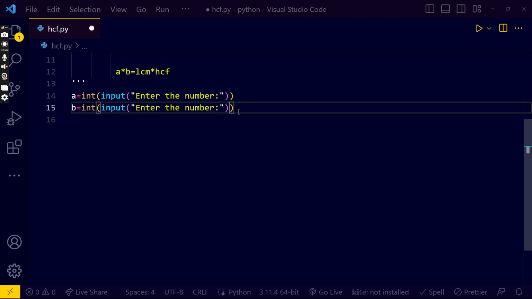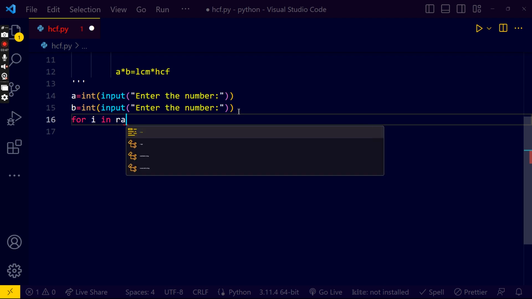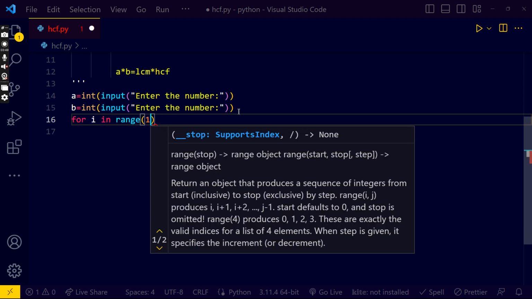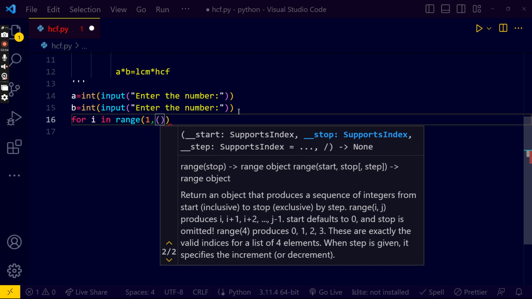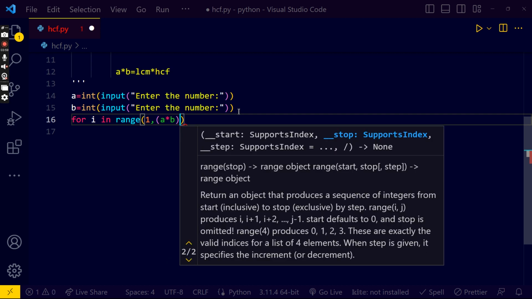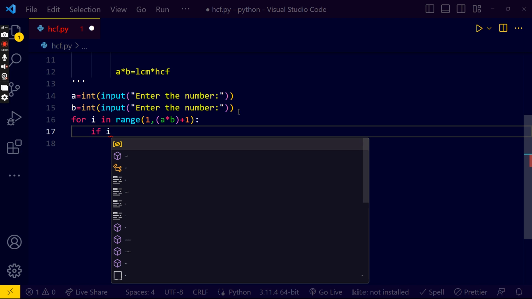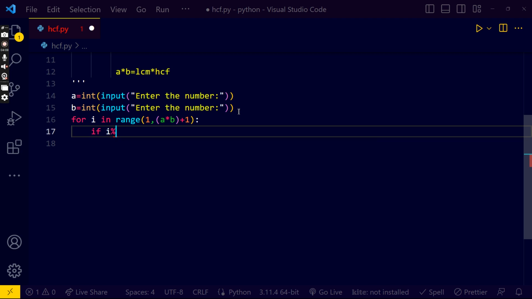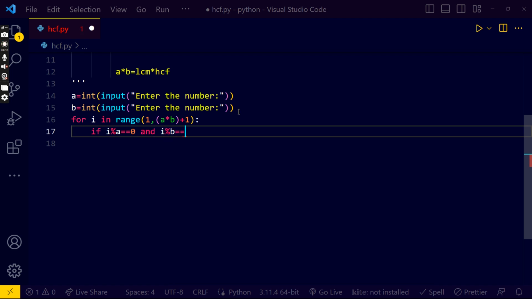I will show you how to find the LCM. Set your range, and now is equal to 0.